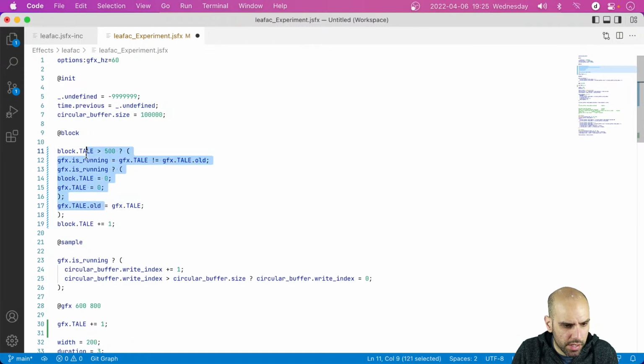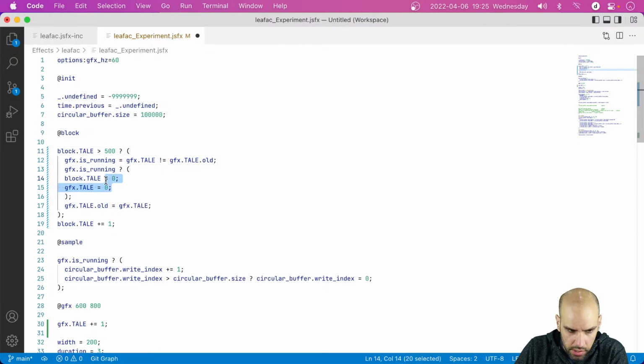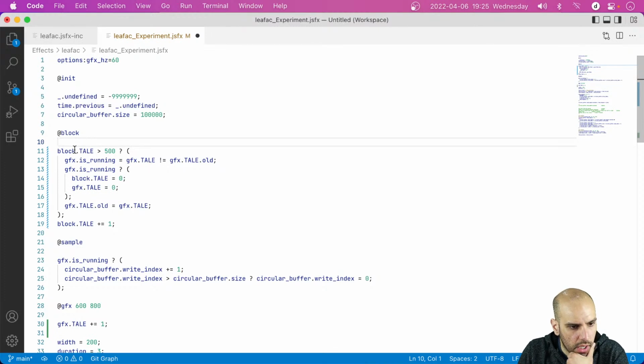And there you have it. I think that this does it. I think it works because this is always going to run because it's the audio thread. So it's always going to keep counting up, and eventually it will reach a certain threshold.